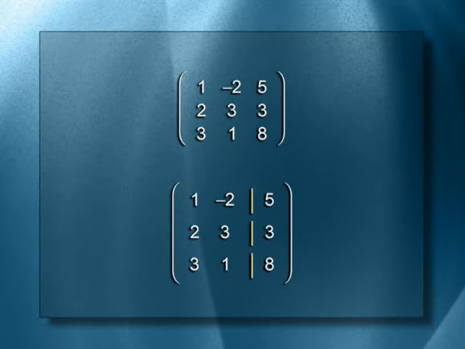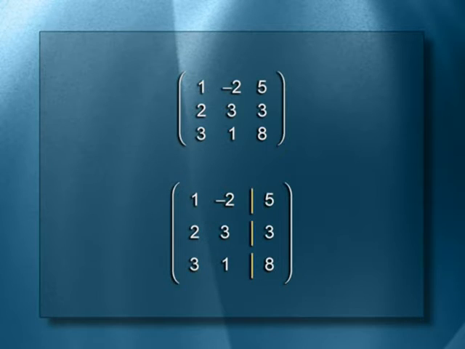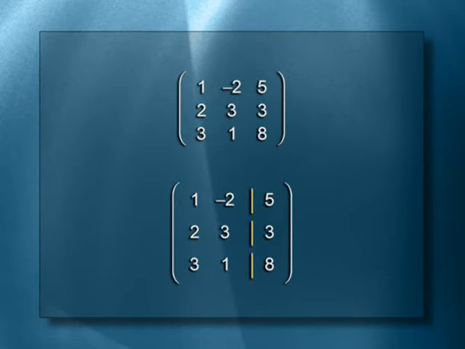In that previous problem, the right-hand side was 5, 3, and 8 in each equation. And sometimes a vertical line lets you see clearly which part are the coefficients and which part are the right-hand side, the constant terms. It's not necessary to do that, but a lot of books prefer to do that.